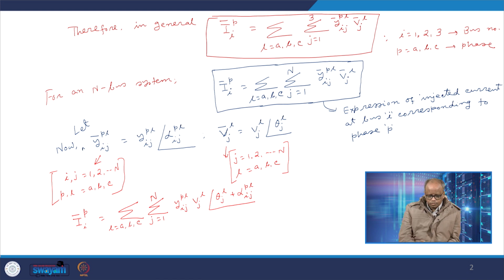We can see that in the expression of injected current at any bus corresponding to any phase p, a, b, c, there are essentially three n terms if there are n buses in the system.